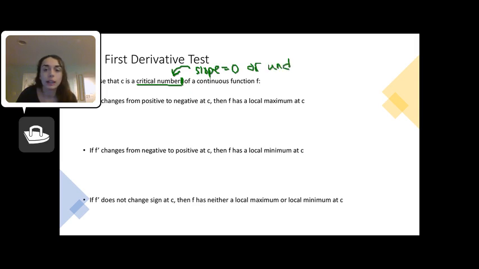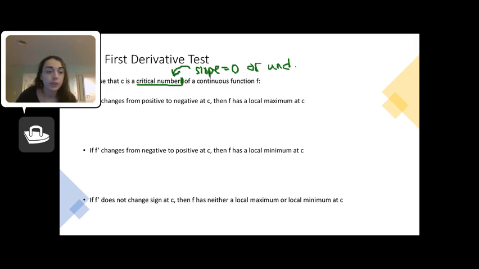or undefined. Okay, so if f prime, the slope, changes from positive to negative at c, then f has a local maximum at c. So I'm going to draw a little picture to demonstrate what this means.